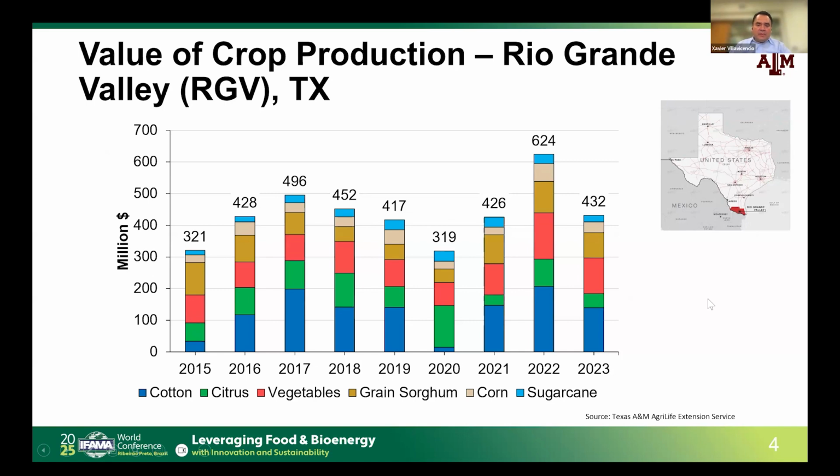This is a subtropical area, very different from other places in the state of Texas, in which the winters are mild and the summers are very hot. So this area is able to produce some agricultural products different from other places in the U.S.